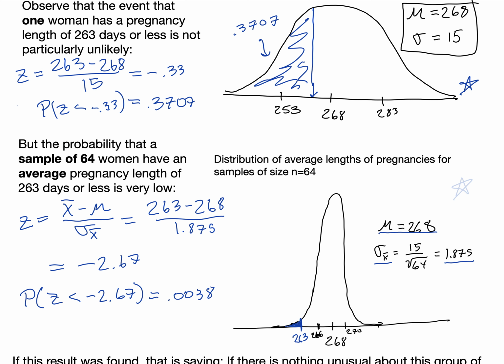Versus if you're talking about a sample of size 64 or a sample that's larger, small differences in the sample average correlate with very statistically unlikely outcomes, or statistically significant outcomes.